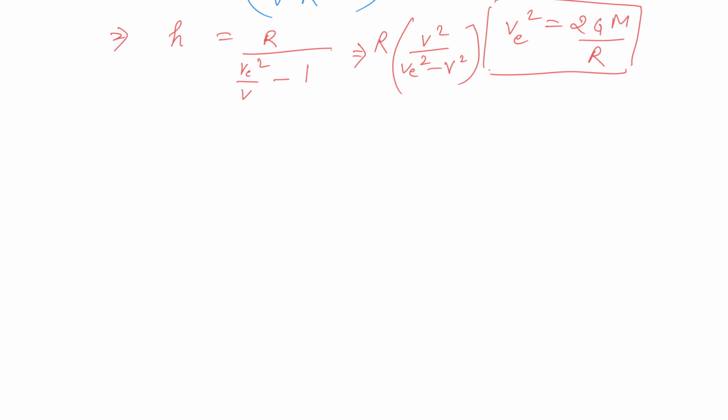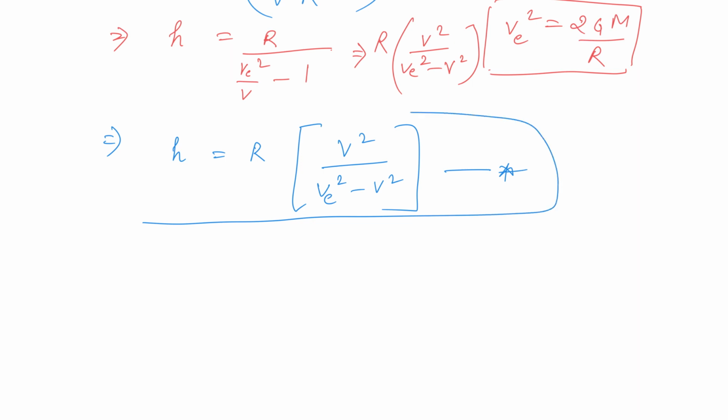So for maximum height h, the expression will be r v² / (ve² − v²). This is an important point, try to remember this because these are asked in examinations directly.